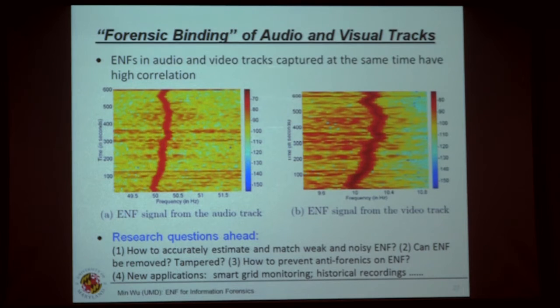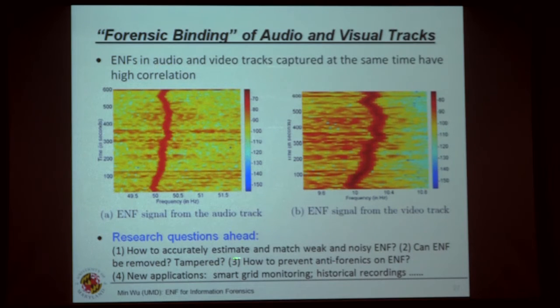But more realistically, many adversaries may want to remove the original ENF and then superimpose another ENF from a time of their choice. So how can they forge this ENF without being detected? We call this anti-forensics: an adversary can try to fight against our forensic technology, and how can we counter those anti-forensic attacks?